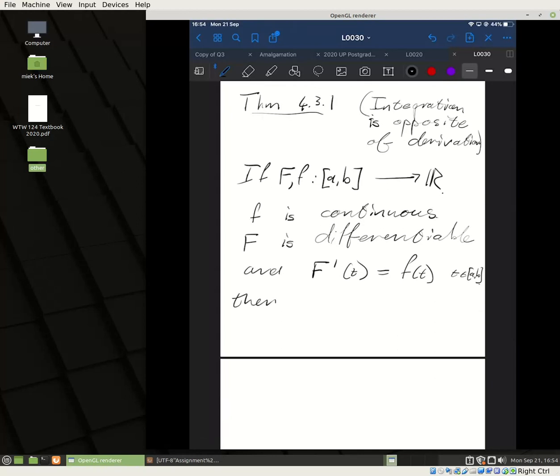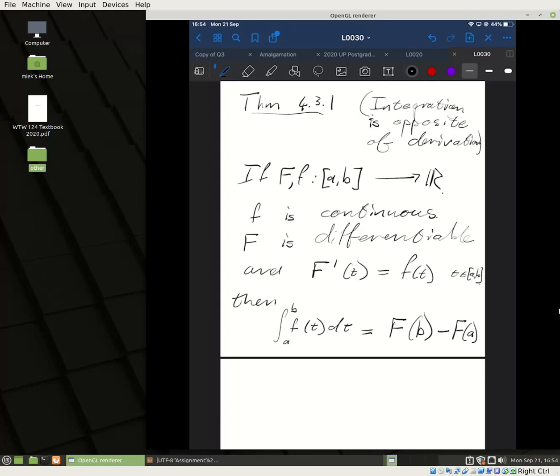Then if we compute the integral of f(t) dt between the bounds a and b, that is equal to what is called the antiderivative evaluated at b minus the antiderivative evaluated at a.